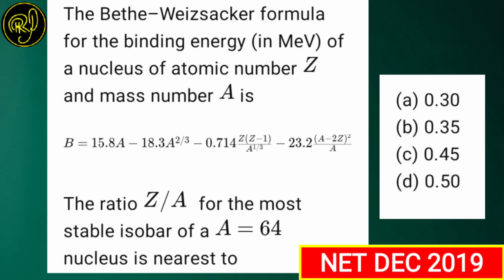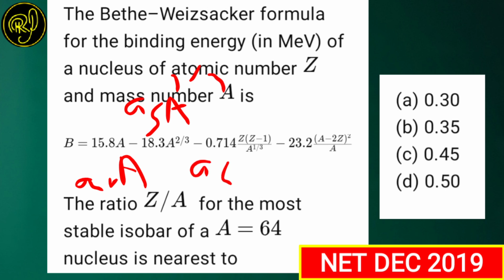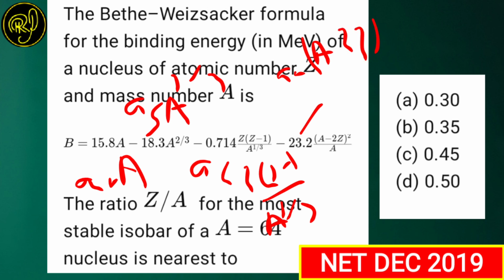You know that the Bethe-Weizsäcker semi-empirical mass formula, that is binding energy, is equal to A_V A minus A_S A^(2/3) minus A_C Z(Z-1)/A^(1/3) minus A_sym (A-2Z)^2/A.